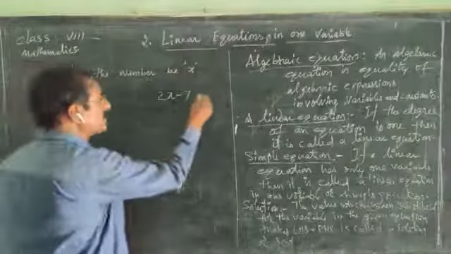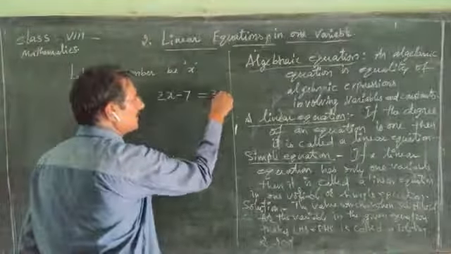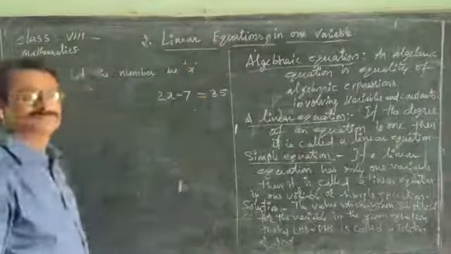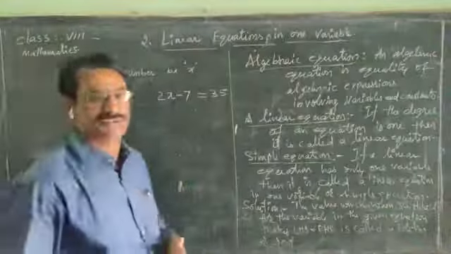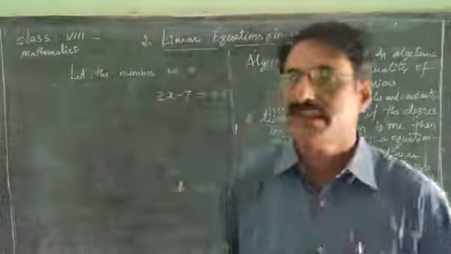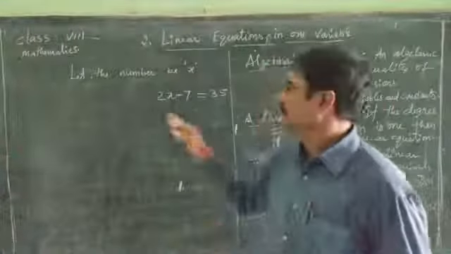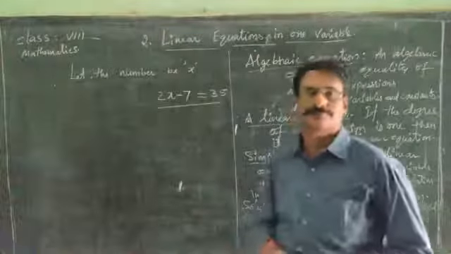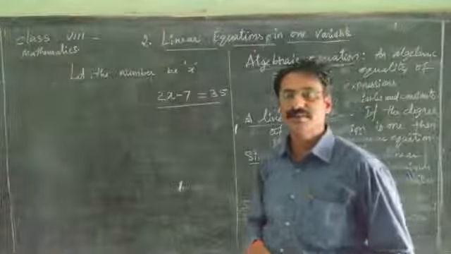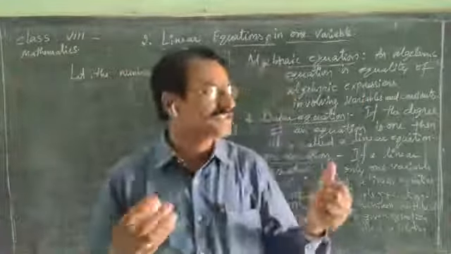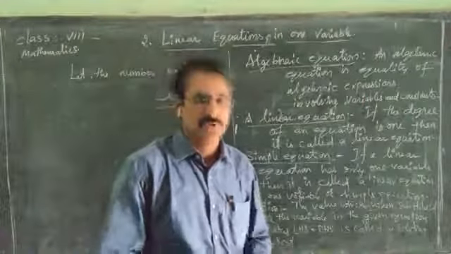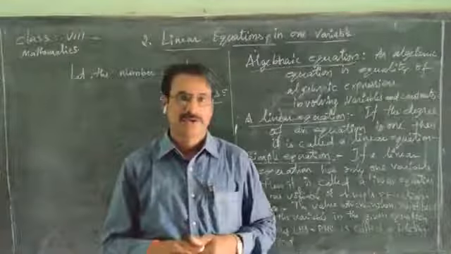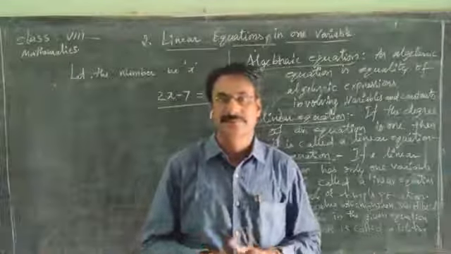This value is equal to how much? 35. So we change the given information into an equation. Do you understand? To solve this type of sums, we must change them into an equation.